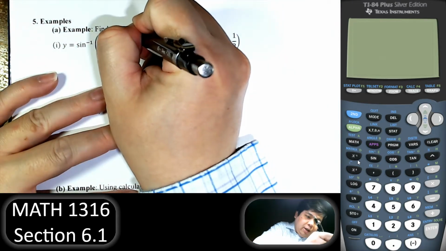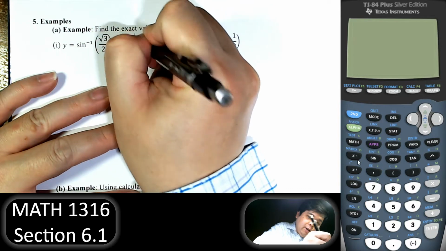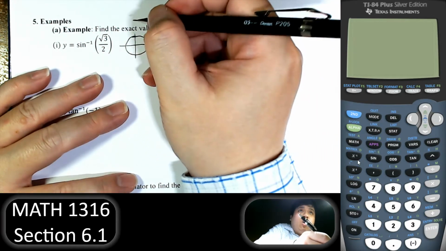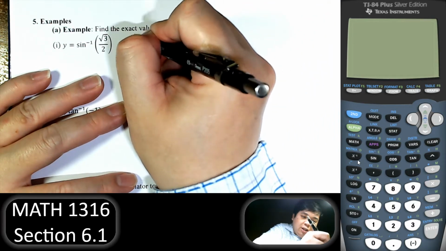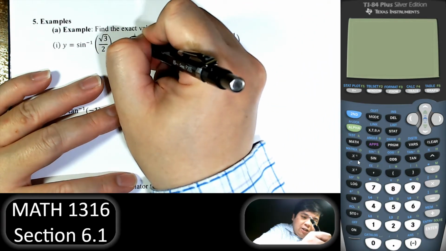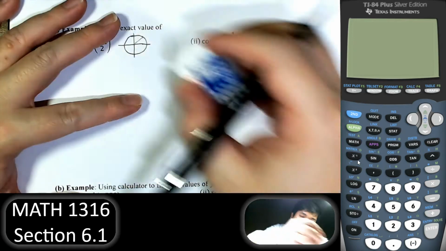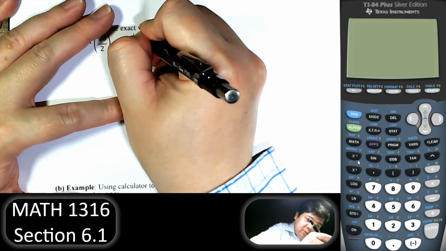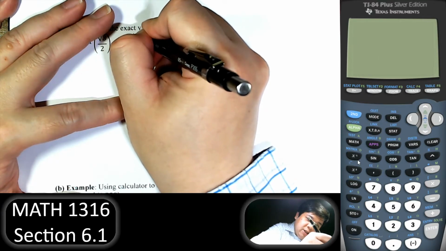So if we draw a unit circle, square root 3 over 2, the x values, y is sine, the y values.